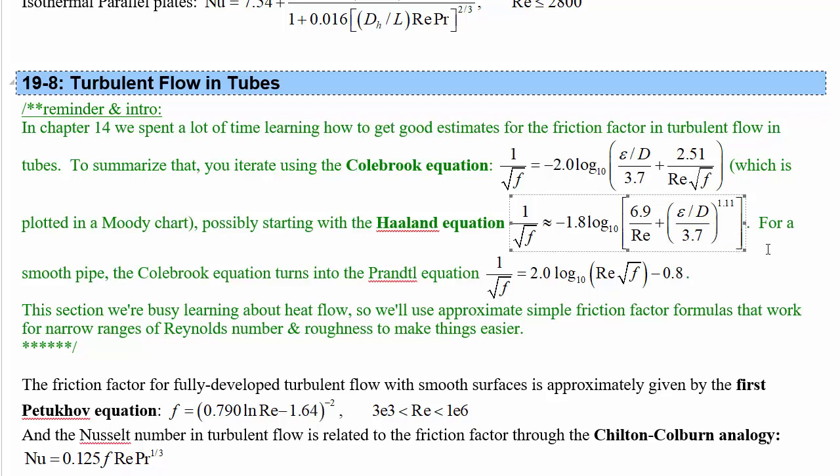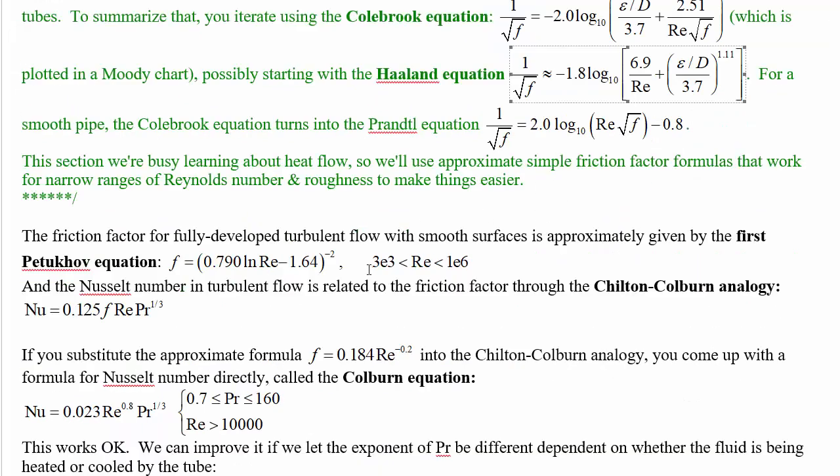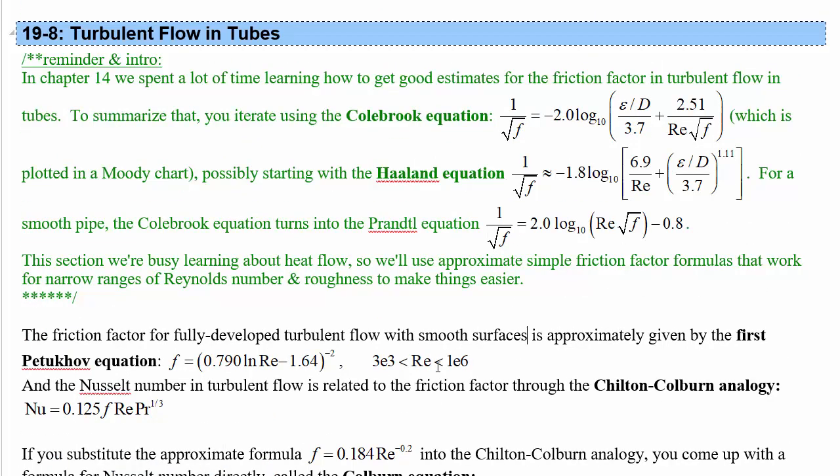Okay, so using these, you can come up with some calculations for Nusselt number. The book starts off with the friction factor for fully developed turbulent flow with smooth surfaces approximately given by the first Petukhov equation. And this is another friction factor approximation that's valid for a certain range.